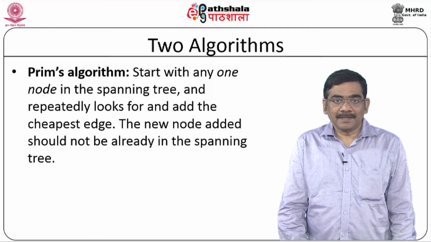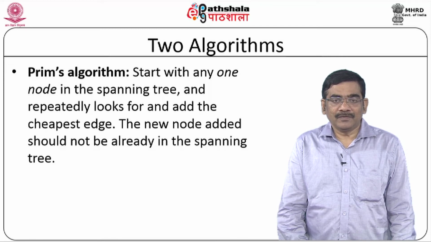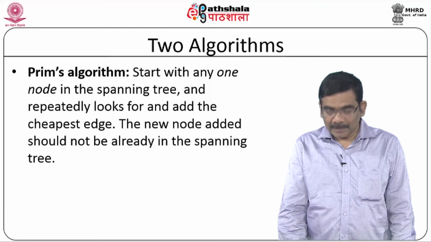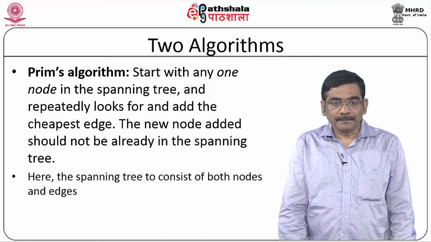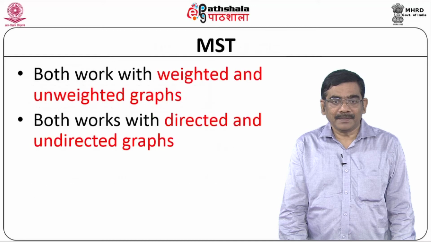That means the node does not belong to the same subset where the source vertex is present. If any such nodes are there, then we add that. In this algorithm we not only look for the edges, but also the nodes. So, both nodes and edges are the important criteria for Prim's algorithm.